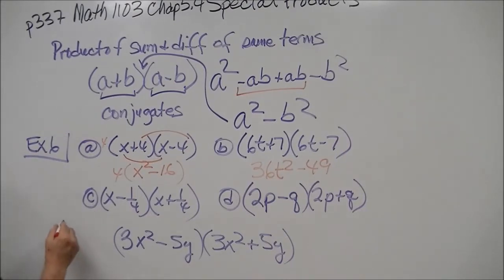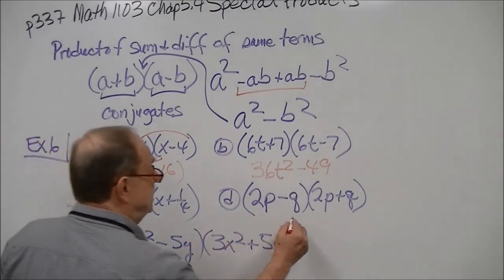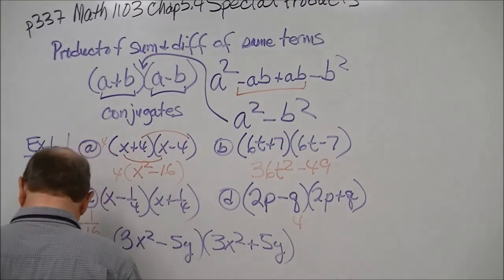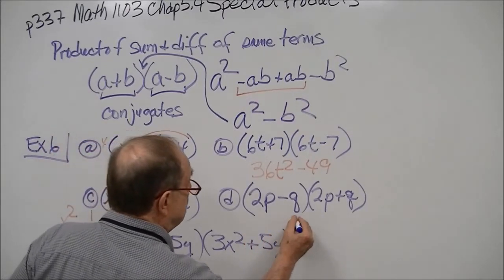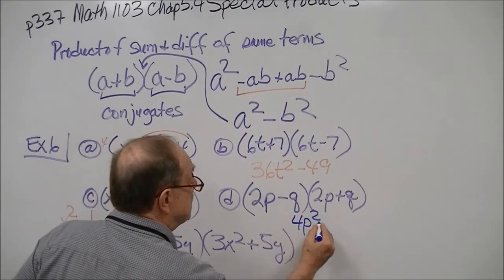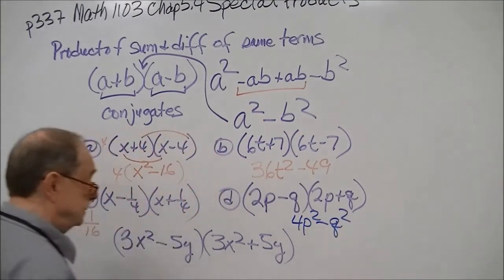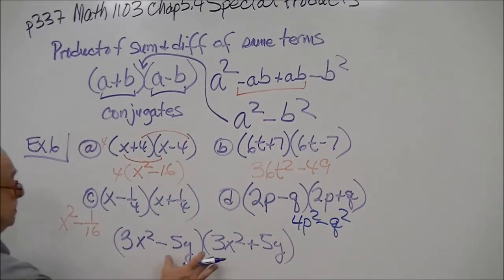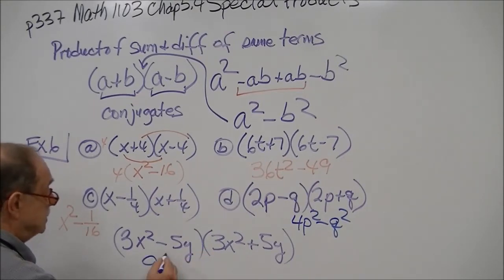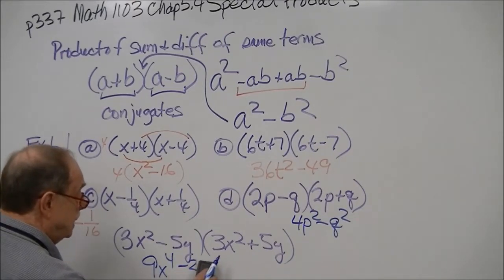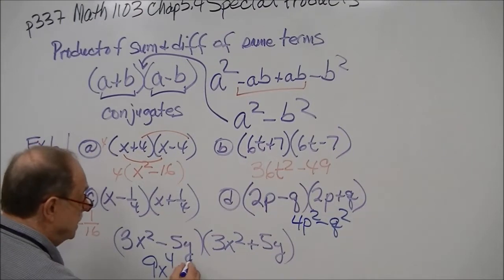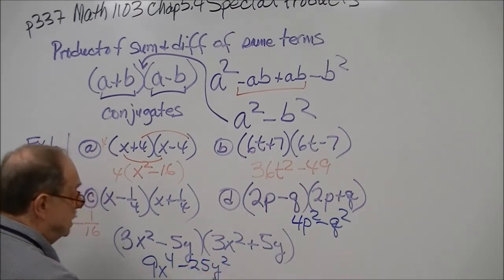And this one here would be x squared minus 1 over 16. And this would be, I'm running out of ink here, let's change color, 4p squared minus q squared. And this would be 9x to the 4th minus 25y squared. Wow.